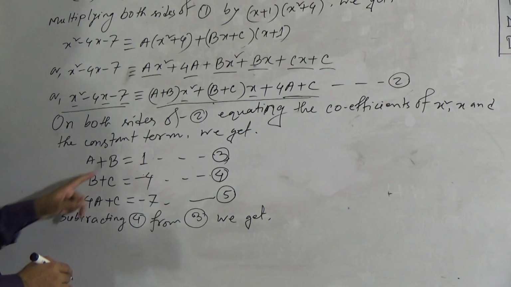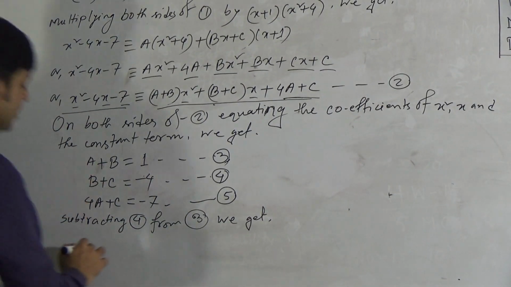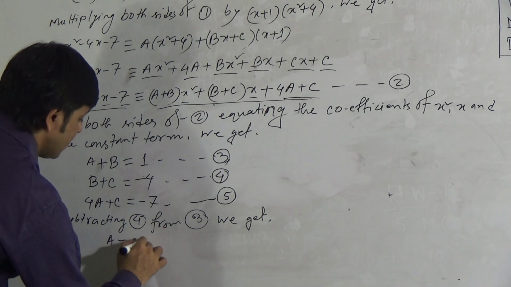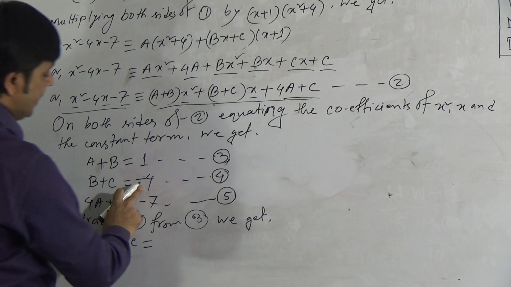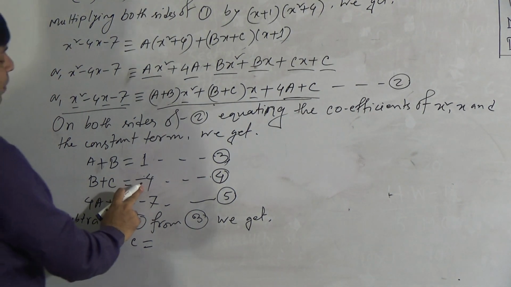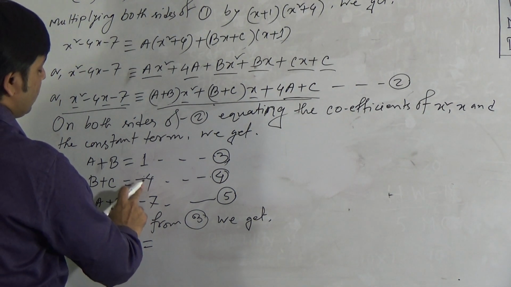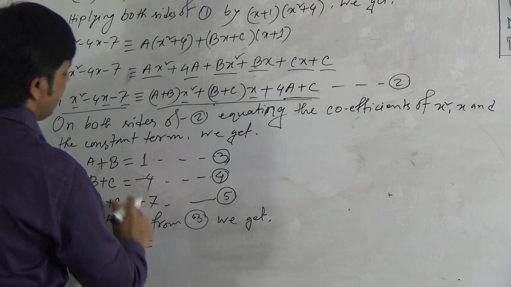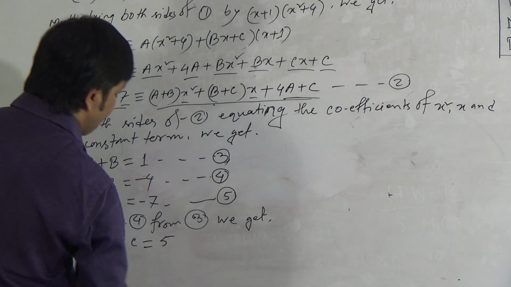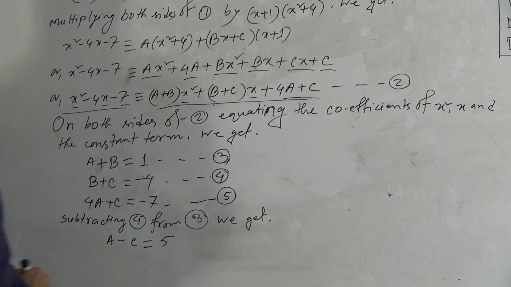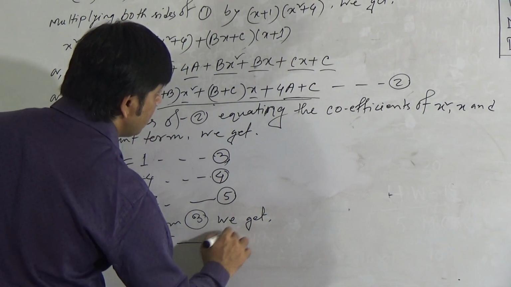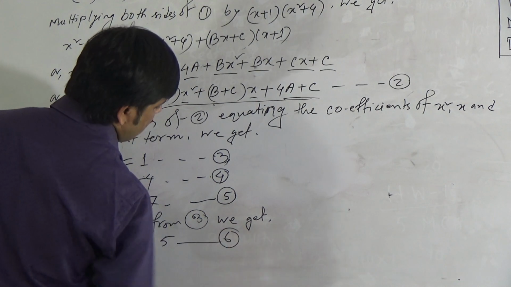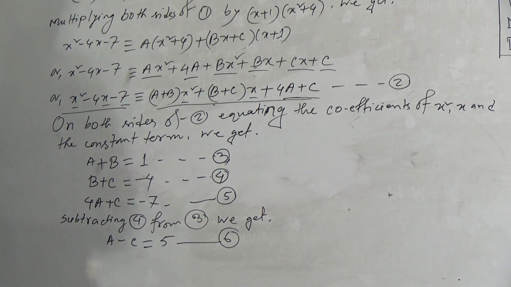So b and b vanish each other, and we get a minus c equal to, this will be negative, this will be positive. So when we subtract, we get 1 plus 4, which means 5. Suppose this is equation 6.